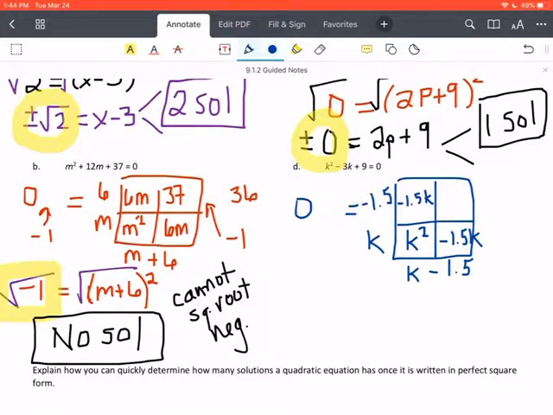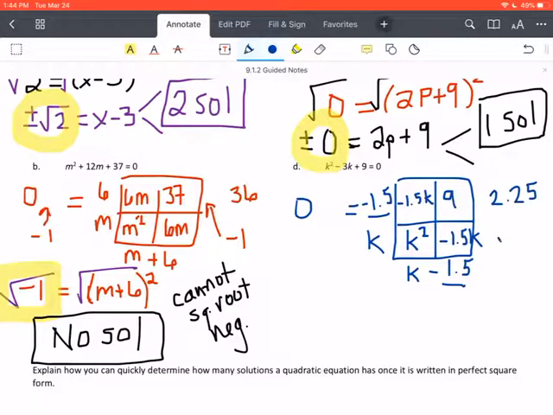Now what do we have to do with these unit dimensions? We have to multiply them together. So 1.5 times 1.5 is 2.25 because a negative times a negative makes a positive. So we're thinking about how do we get from 9 to 2.25?